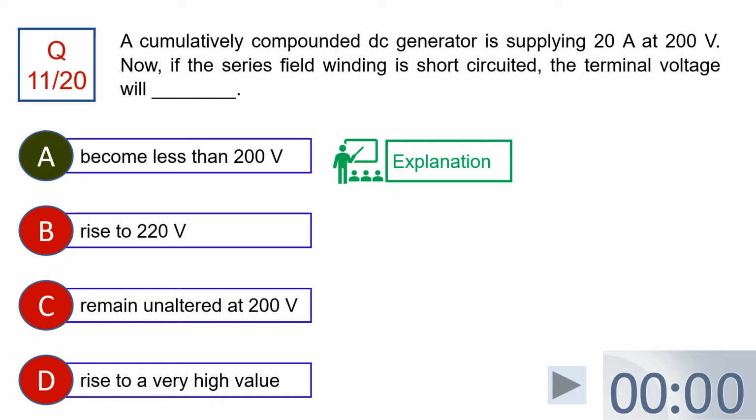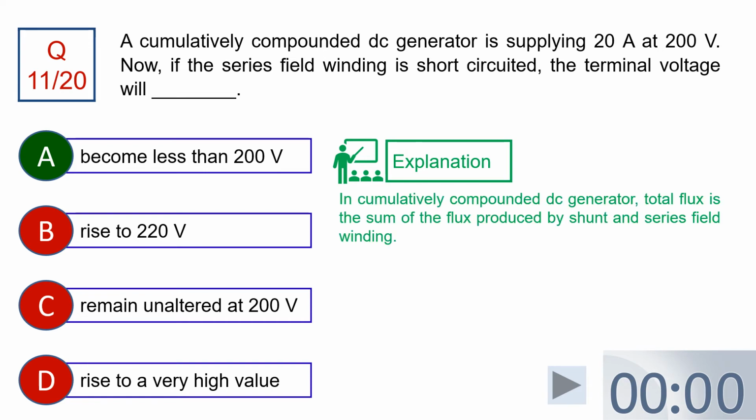Correct answer is option E. In case of cumulatively compounded DC generator, total flux is the sum of flux produced by shunt and series field windings. Now if the series field winding is short circuited, then its flux will reduce to 0, and therefore the resultant flux phi will reduce.